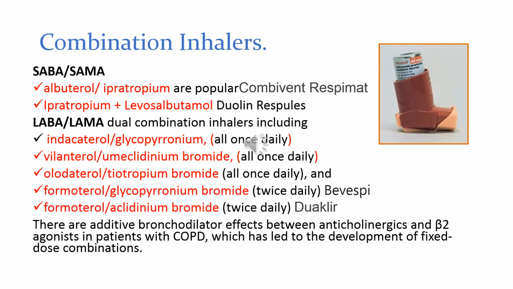There are the following combinations: SABA and SAMA, for example, albuterol plus ipratropium, or ipratropium plus levosalbutamol; LABA and LAMA dual combination inhalers, including indacaterol and glycopyrronium, vilanterol and umeclidinium bromide, olodaterol and tiotropium bromide, formoterol and glycopyrronium bromide, formoterol and aclidinium bromide.